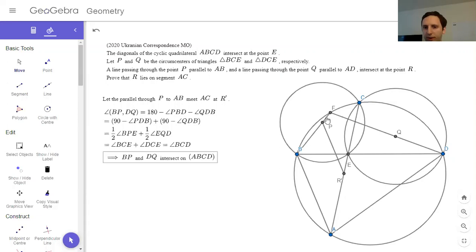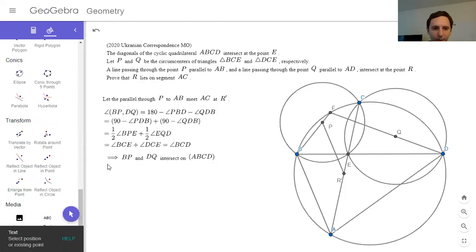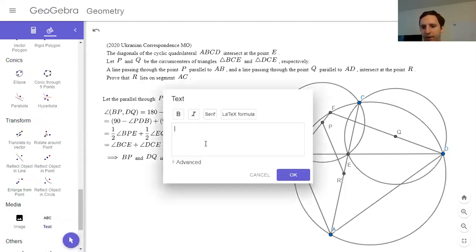So CFPR prime is cyclic. That's kind of like Reim's theorem. So you just proved it. And here we are done: if we let S prime be the intersection of the parallel through Q with AC, then S prime also has to lie on the circumcircle of CFP. So basically S prime and R prime are the same points.